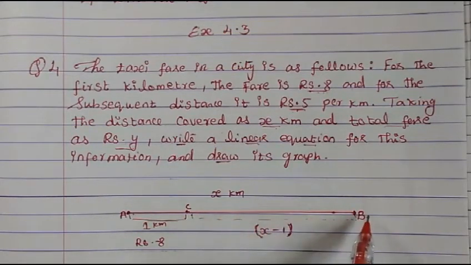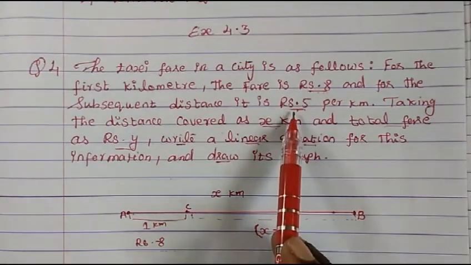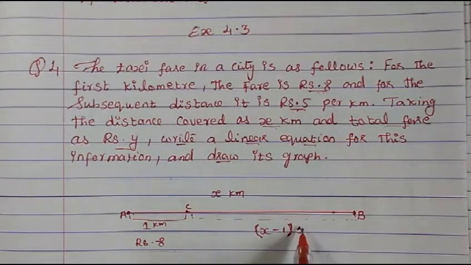So for the remaining distance, as each kilometer increases, how much will it increase? 5. Per kilometer 5 rupees will increase. I hope you are understanding this.